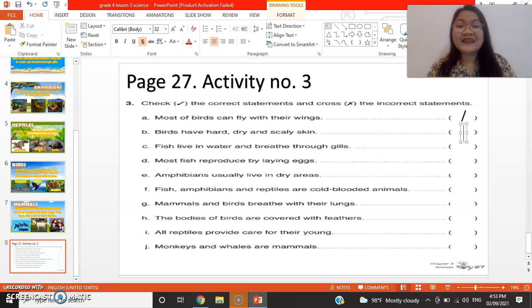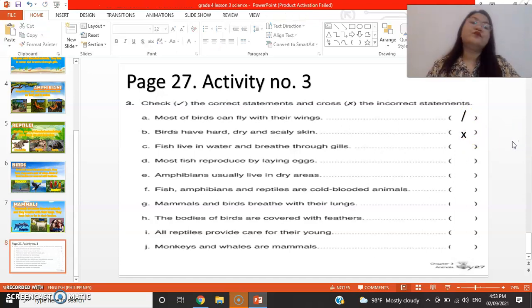The correct answer is incorrect. Very good. Birds do not have hard, dry, and scaly skin. What do they have? They have feathers. Very good. Okay, so letter C, D, E, F, G, H, I, J. Try to answer on your own.